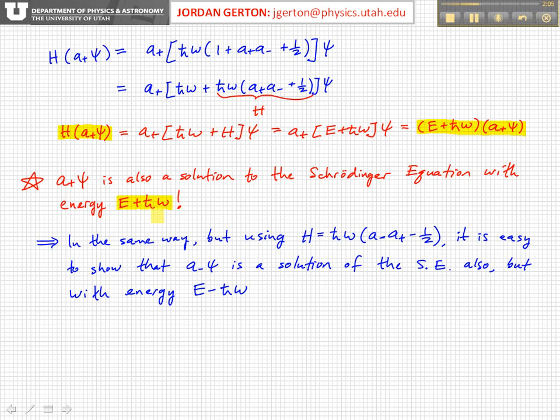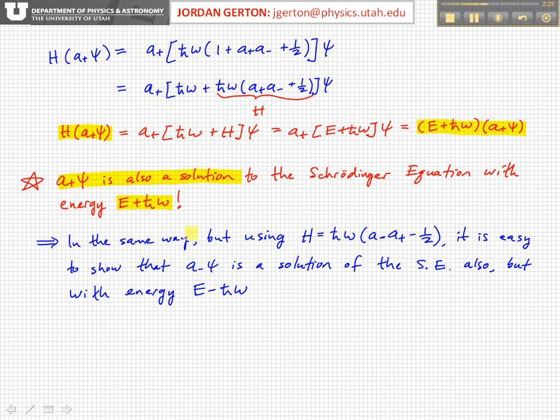Okay, and if we did the same kind of procedure, but now we used the other way of writing the Hamiltonian operator, h bar omega times a minus a plus minus 1/2, and we basically applied that to a minus psi.